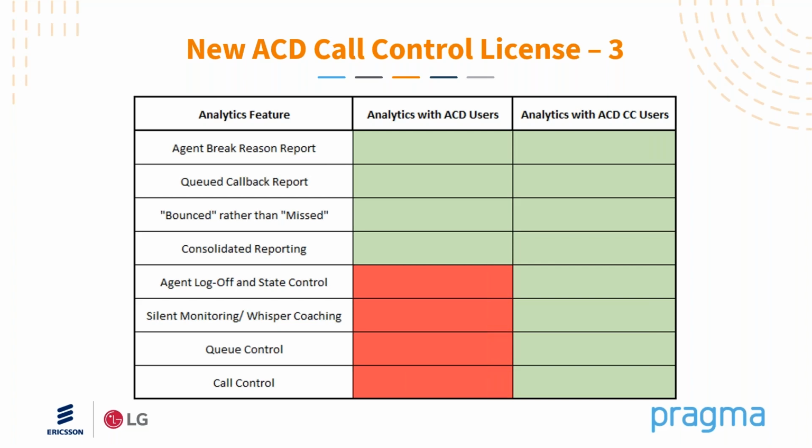Quite self-explanatory. In the red, this means that on the old license type, you don't get these 4 new features, so you can't do any agent state control, for instance, on the old license. You've got to be using the new ACD CC license on all ACD group users. And like I mentioned, you can't have a mix of the old license and the new license. You've got to be fully on either one of the two.